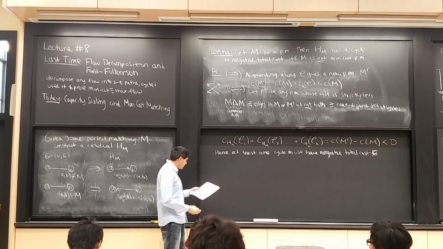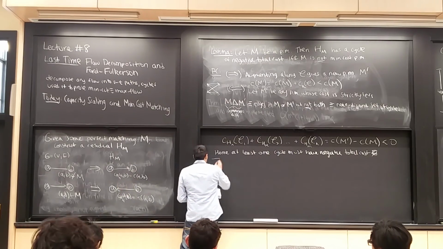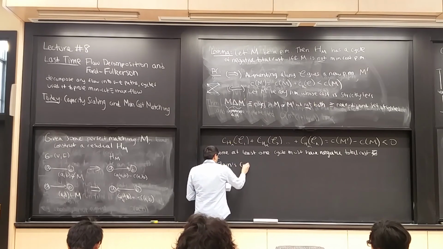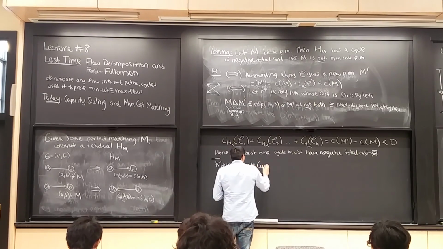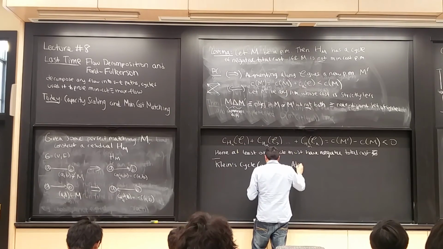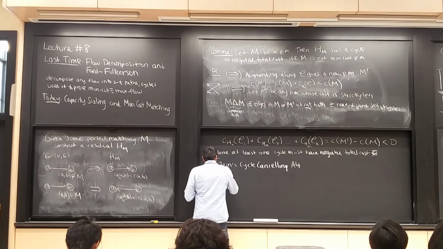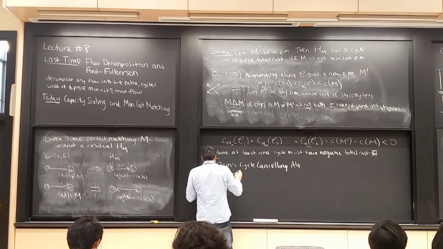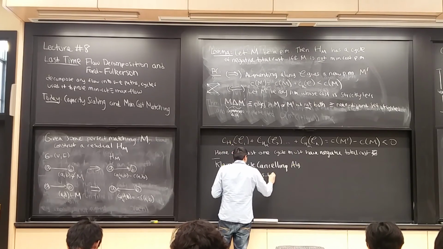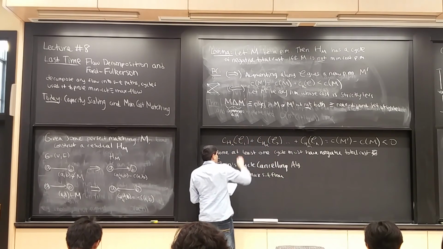Now it has a fancy name. It's called Klein's cycle canceling algorithm. And it's exactly what you said, even in the more general case of a max flow. All you do is you find a max s-t flow. This lemma has a direct analog when you talk about max s-t flows.